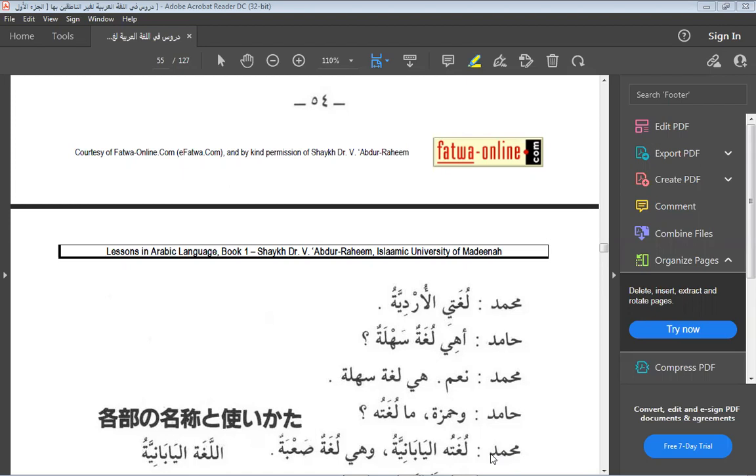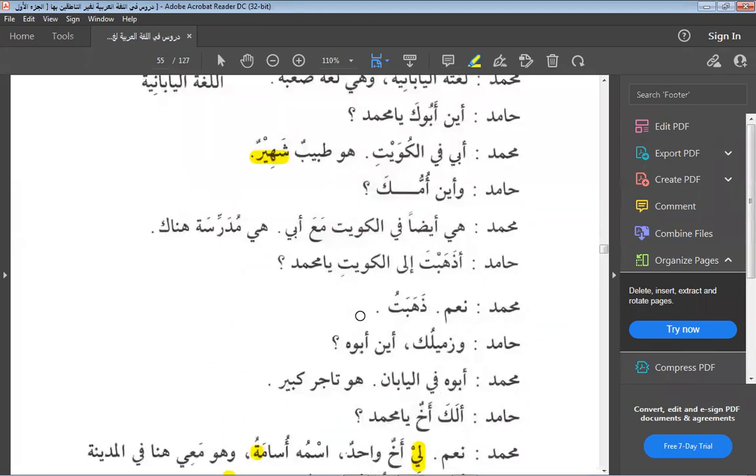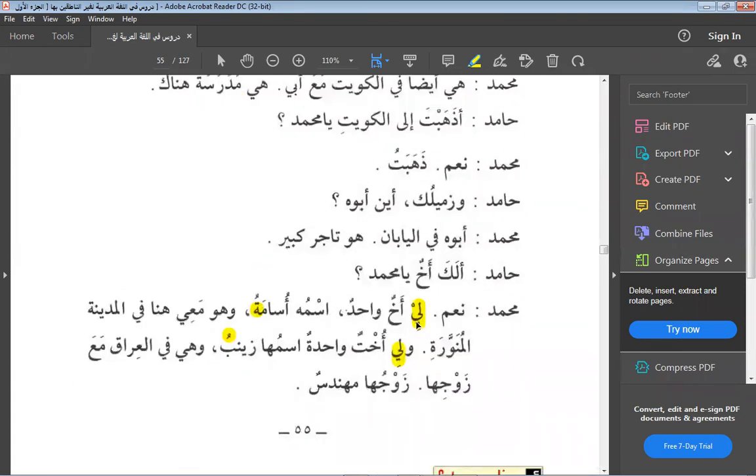In the lesson, ukhtun wahidatun. Aywa. Sister is asking why did they use ahun wahidun wa ukhtun wahidatun? Okay, first of all, I can give 2 reasons why they did that. The first is that the book itself is a beginner's book.